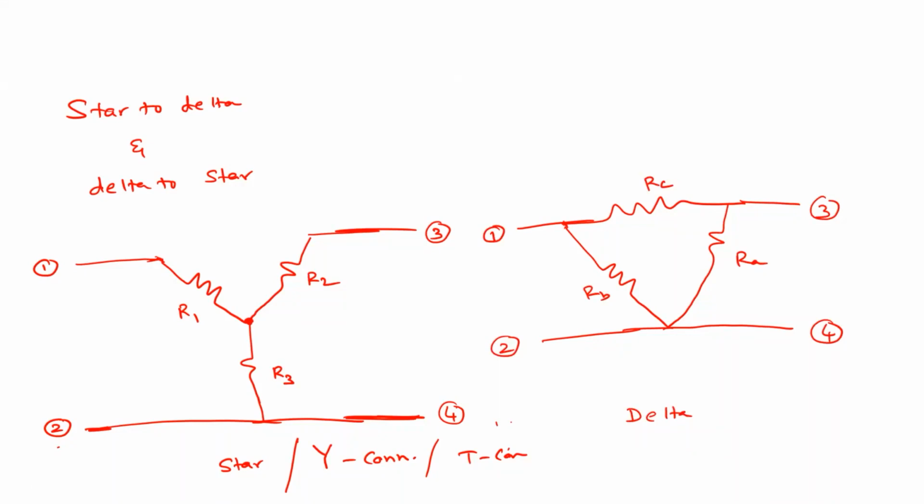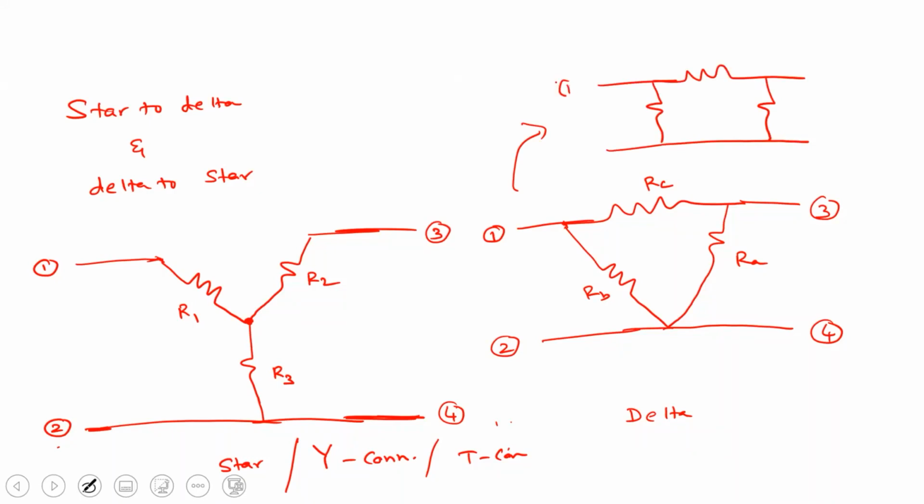So I can redraw this circuit. It looks something like this. Both are the same, right? So what is the other name for this? It looks like a pi. Agree?